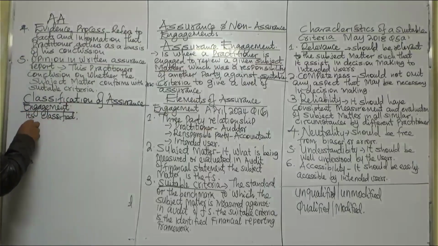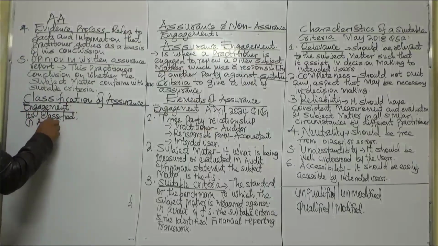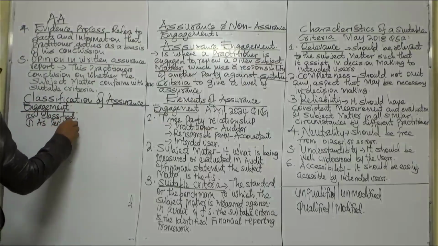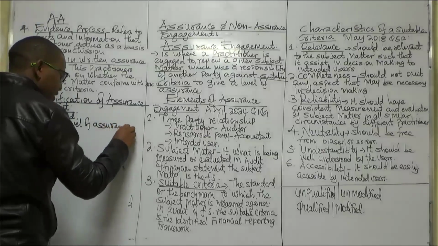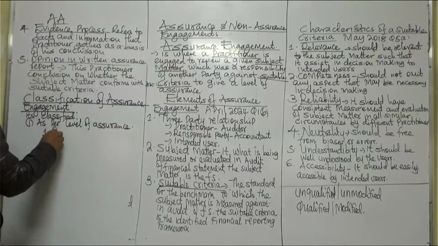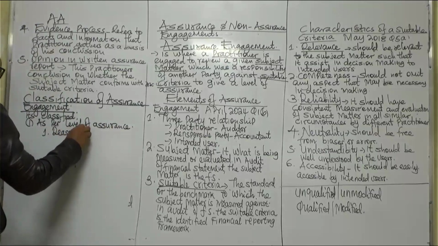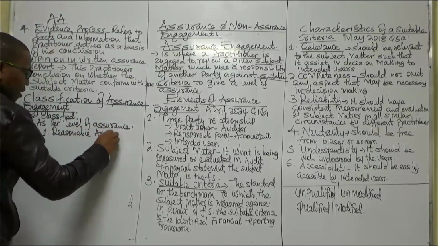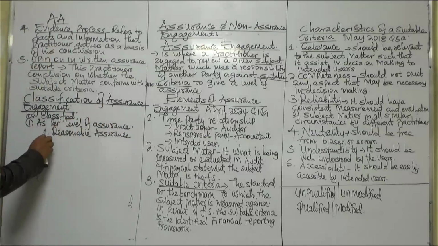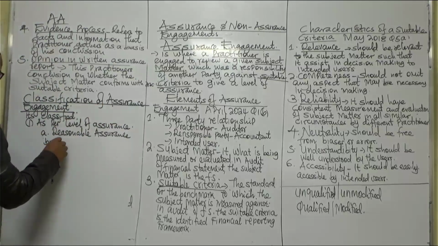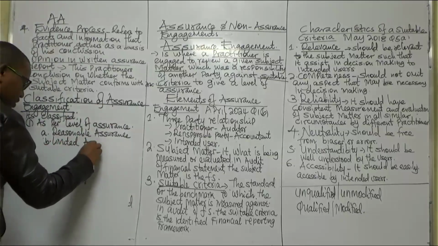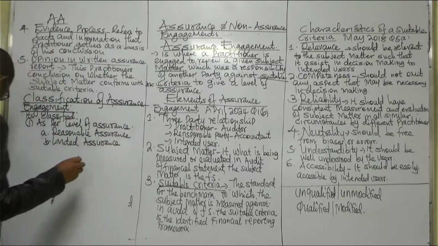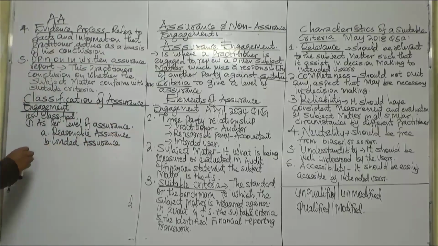One, as per the level of assurance, here is where we talk about A, the reasonable assurance, and B, the limited assurance.